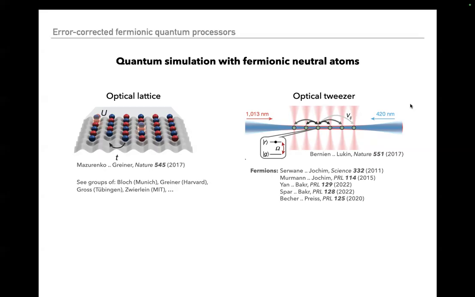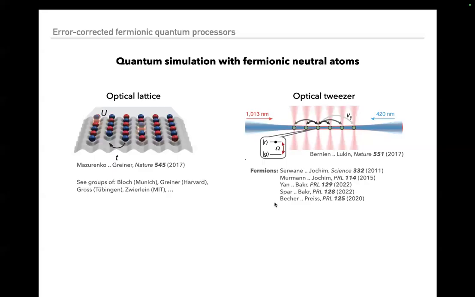So you're not limited to local interactions or static Hamiltonians. There are all sorts of things that you can play with in these systems. And this is an ongoing effort currently, really also on the fermionic side.